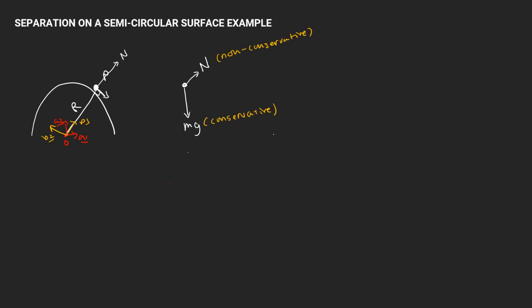There's no movement of the particle in the N direction. And so while we have a non-conservative force in our system, it doesn't do work. And therefore, we can still use the equation that we just introduced, the conservation of energy, which says that the kinetic energy plus potential energy is going to be constant.